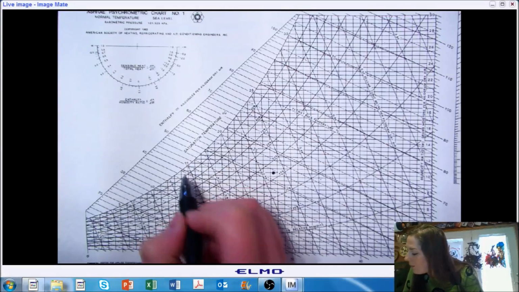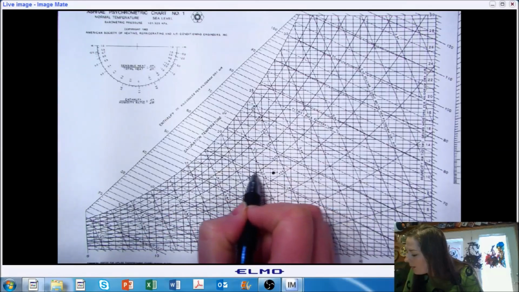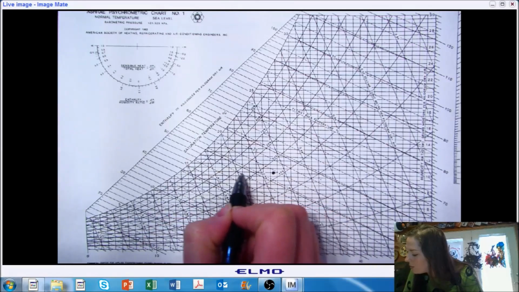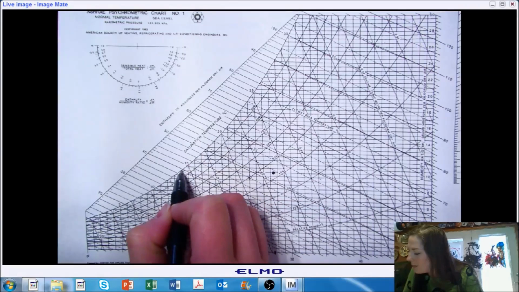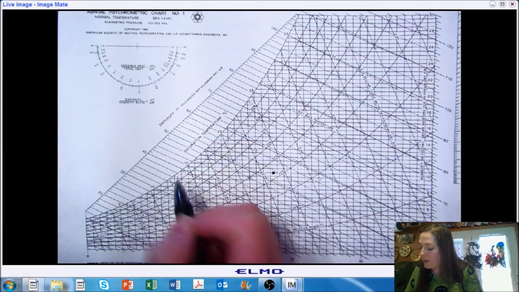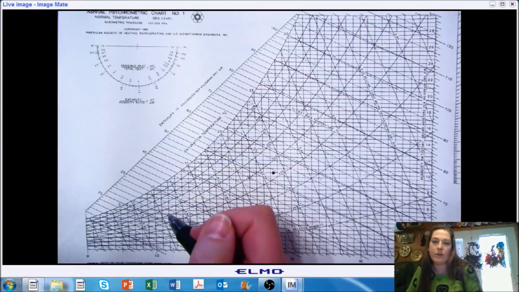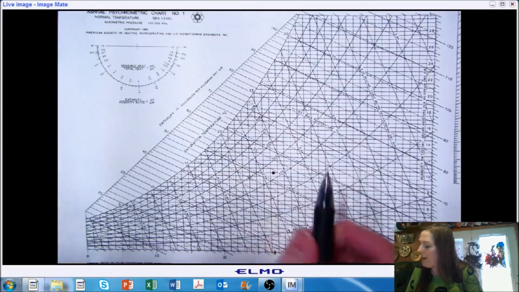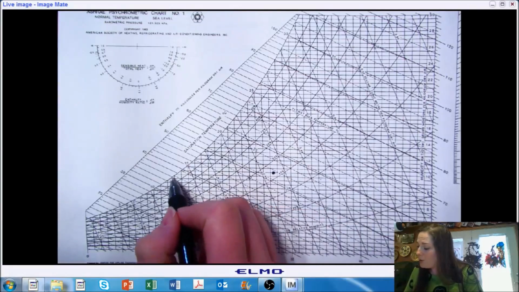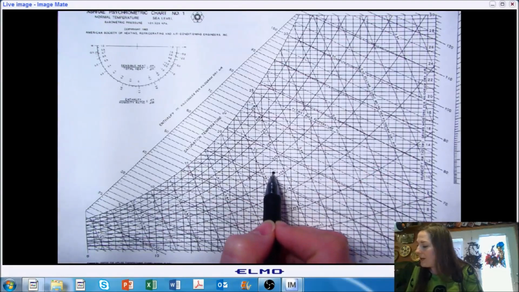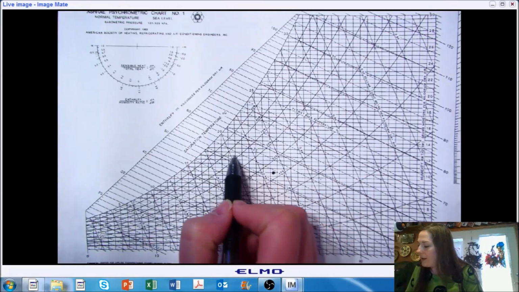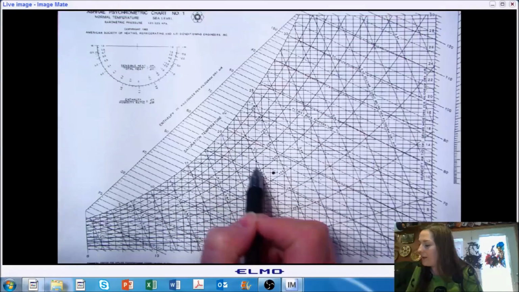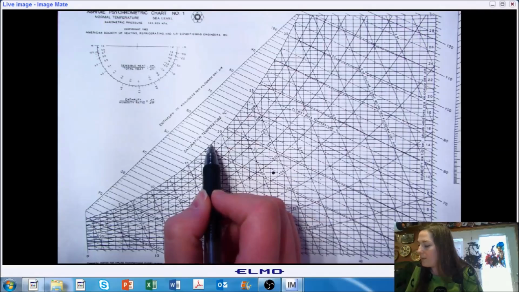So for our line, let's trace it across. We're landing somewhere just below 14, so let's call it 13.5. If you say 14, that's okay for our dew point temperature. Then if we extend this out along the diagonal line, that will give us our wet bulb temperature.